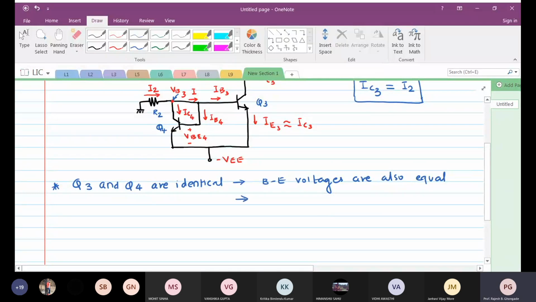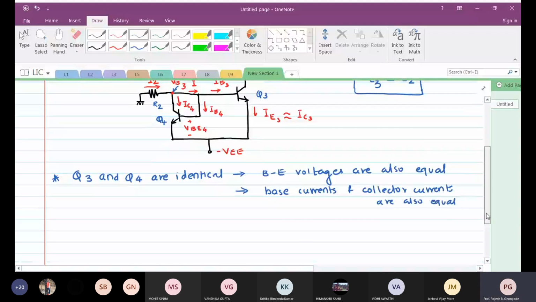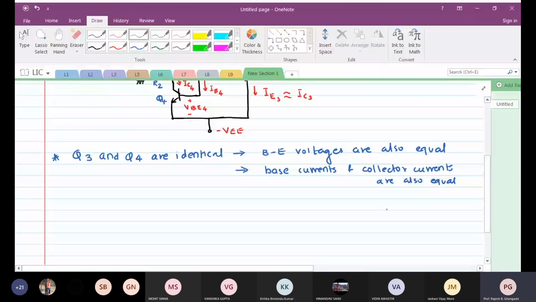By induction, we see that base currents and hence collector currents are also equal. This is what we have already established.